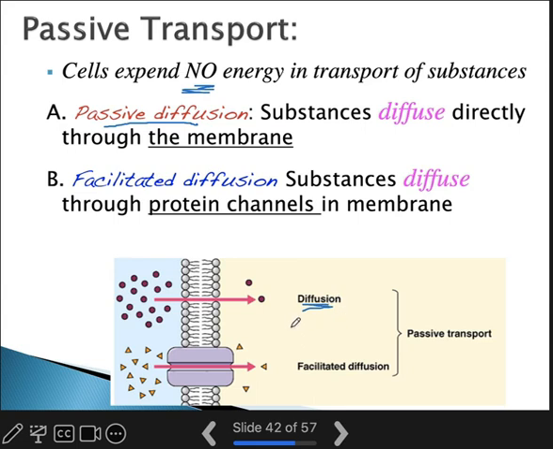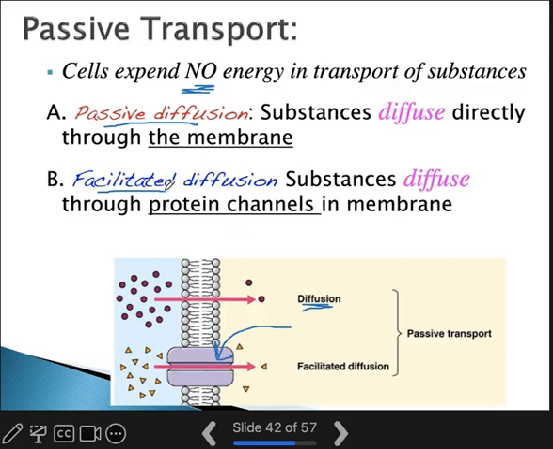So we refer to this as passive diffusion. If the cell has to construct a protein first, but then the movement is according to a concentration gradient, meaning the energy is coming from the gradient of the molecules, then we refer to this as facilitated. To facilitate means to help. So the cell has to build the protein first. So it is helping by building a protein channel, but then after that, all movement is going to be passive.